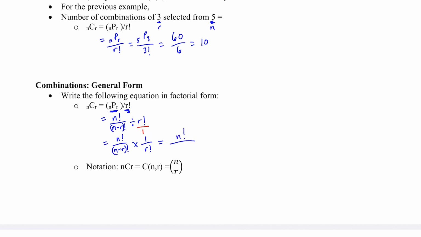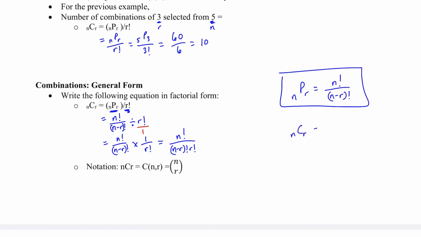And we can simplify that to n factorial over n minus r factorial, and then we'd multiply it by the other r factorial. So a little thing to note here, something that you should know, nPr is equal to n factorial over n minus r factorial, and nCr is equal to n factorial over n minus r factorial times r factorial.